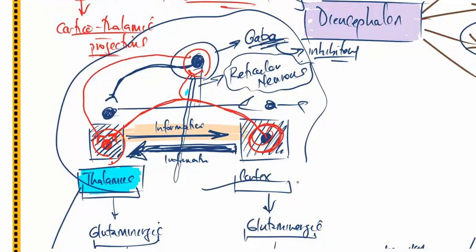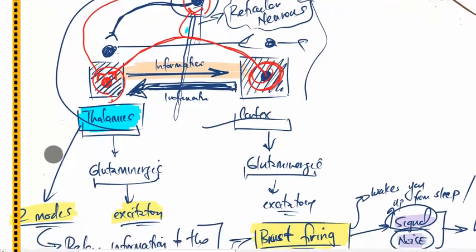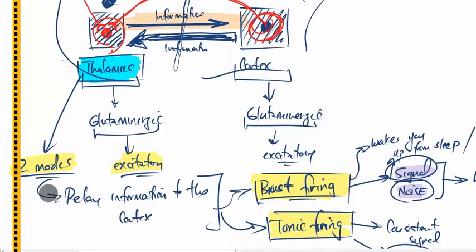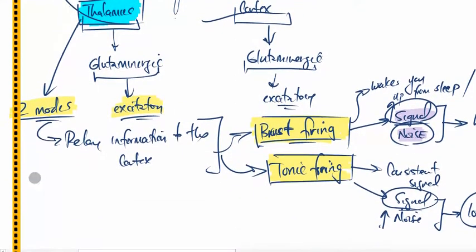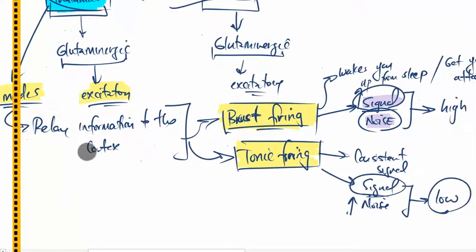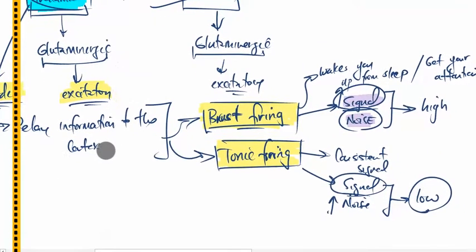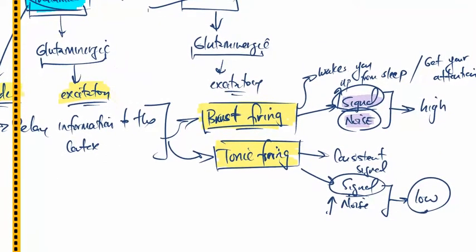The thalamus and the cortex are talking to each other, but there's a mediator in between, the reticular neuron. Know that the thalamus has two different modes of firing, and what those modes of firing could result in or cause.